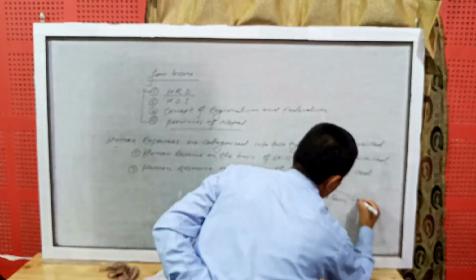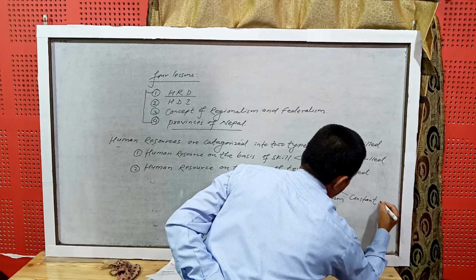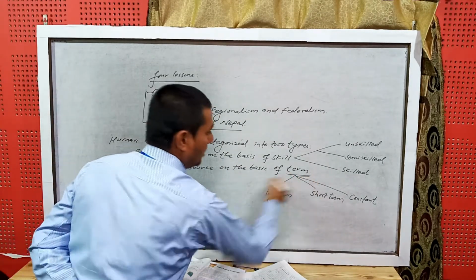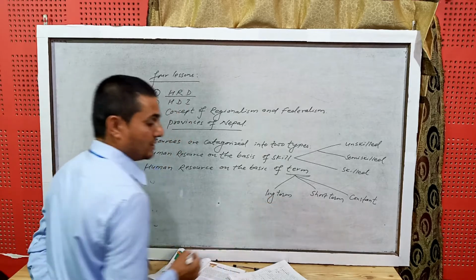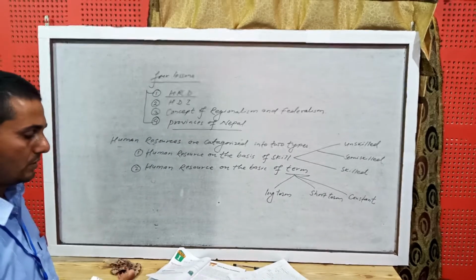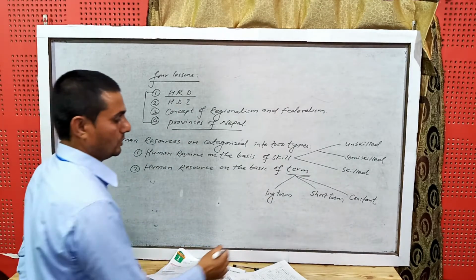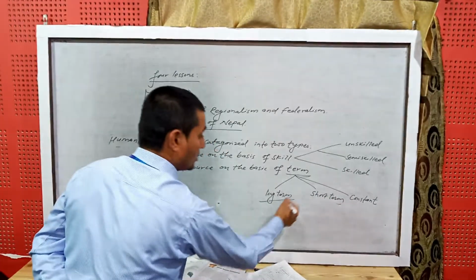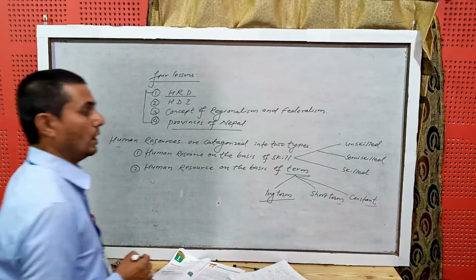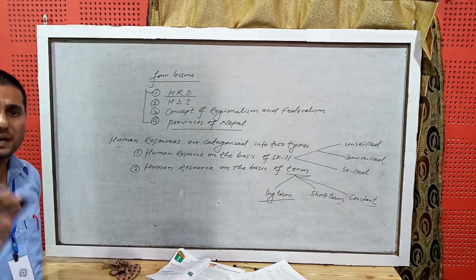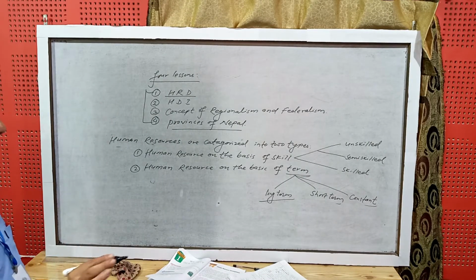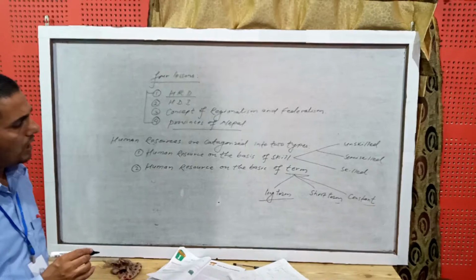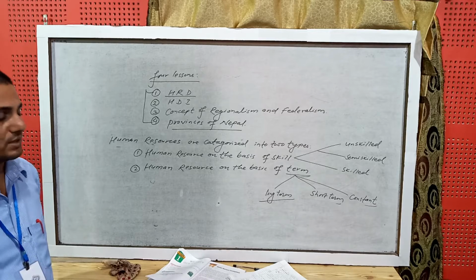Third one is constant human resource. On the basis of term, human resources are classified into three types: short-term, long-term, and constant. Okay, dear students, let me repeat once more, because this type of questions are mostly asked in the examination.